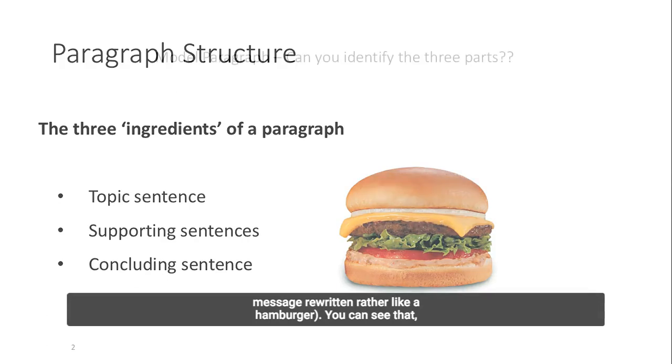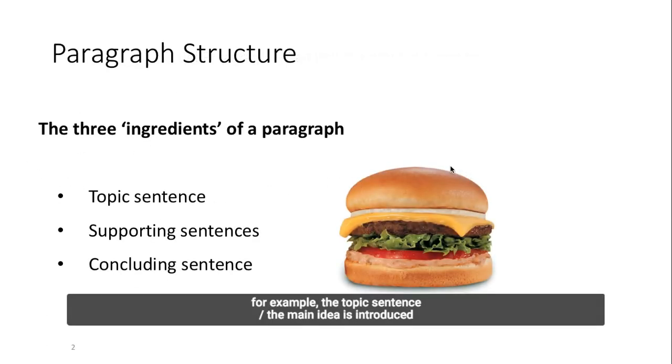Rather like a hamburger. You can see that, for example, the topic sentence, the main idea, is introduced early on, usually. Supporting sentences, key information being details, are in the middle. And the concluding sentence to round off is the bottom.